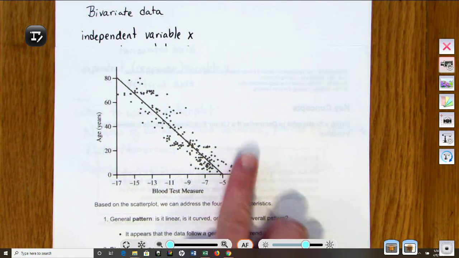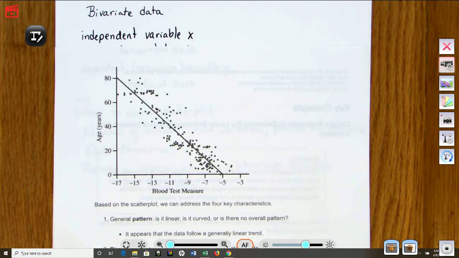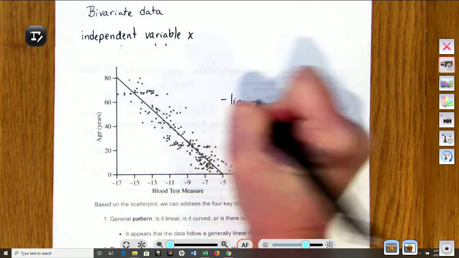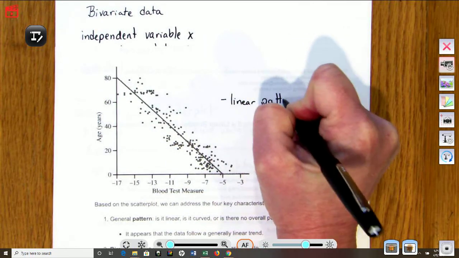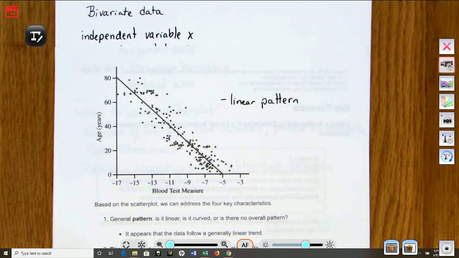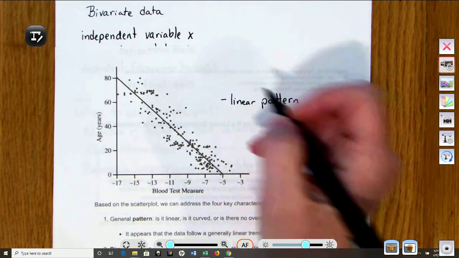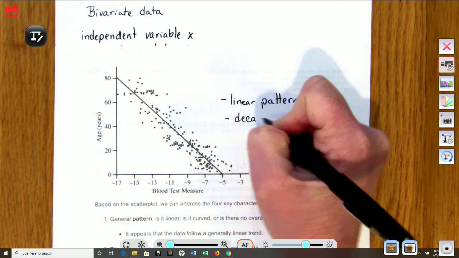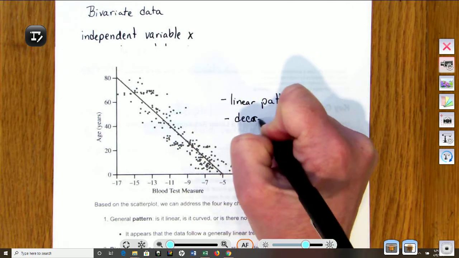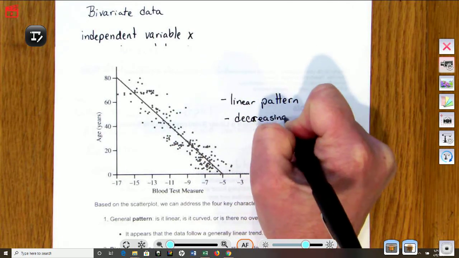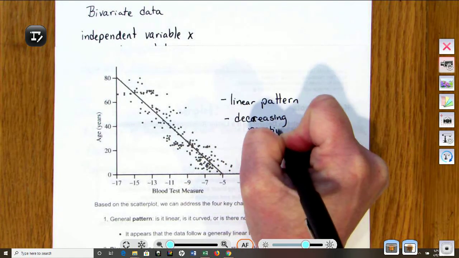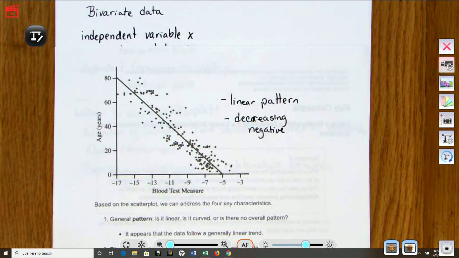If I'm looking at this one right here, I would say that I do see a linear pattern, because I see that kind of straight line. I also see that it is decreasing, going downward, or negative.